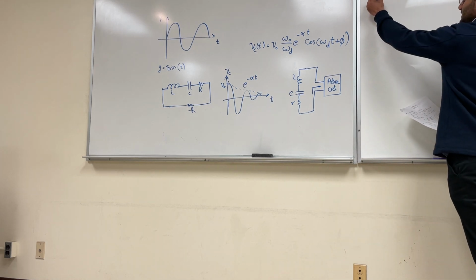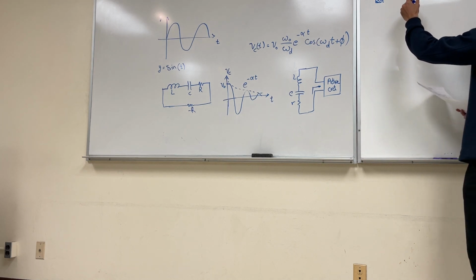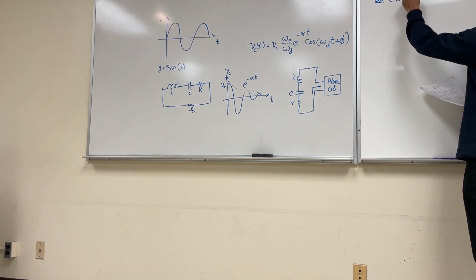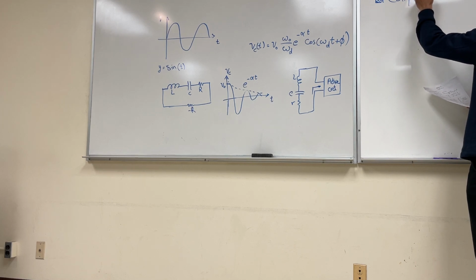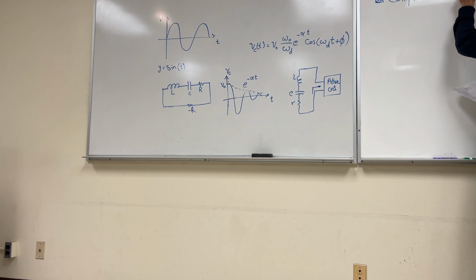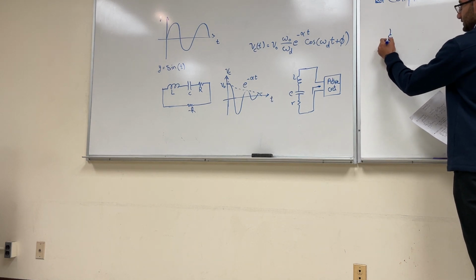So one way to actually generate that negative resistance is using this configuration called the Colpitts Oscillator. The way the Colpitts Oscillator works is that you have your inductor.